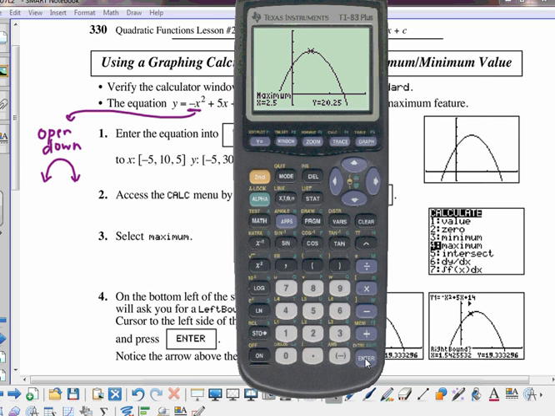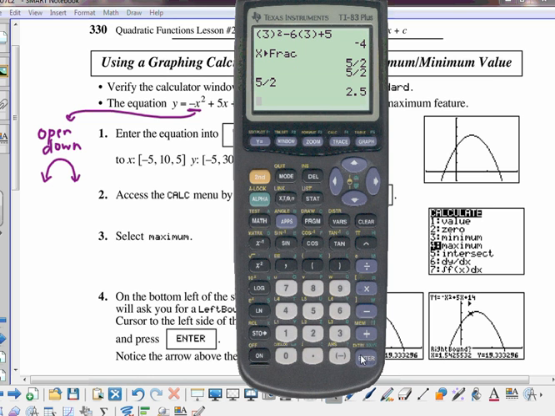Now, what if I actually wanted it as a fraction? Does your calculator store the x and y? Yes. So what could you do? Quit, x, math, enter, enter. 5 over 2 is the same thing as 2.5.